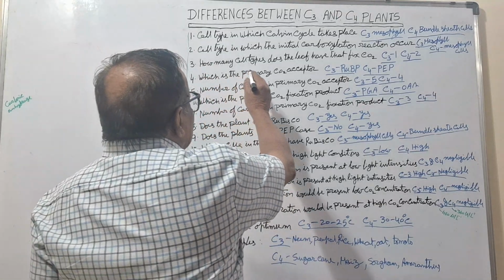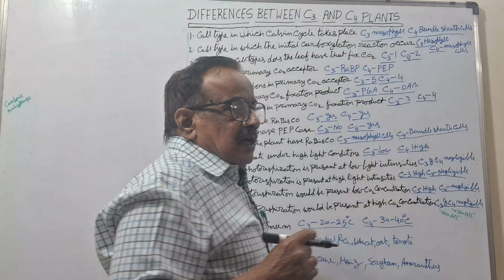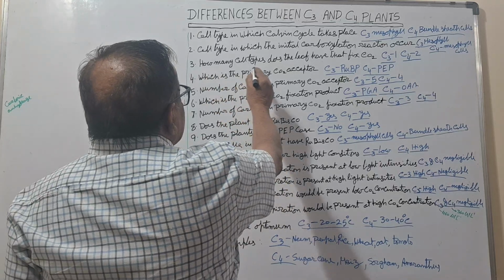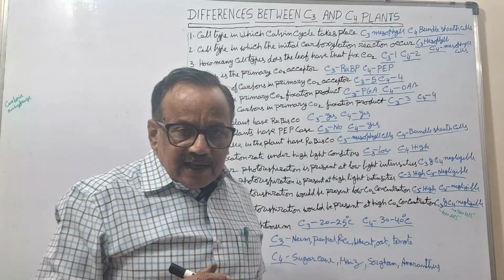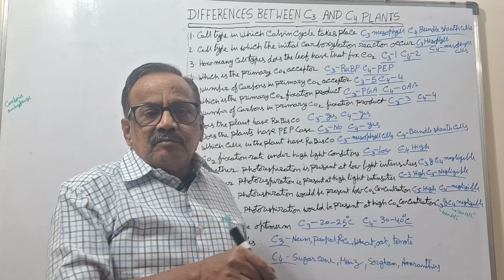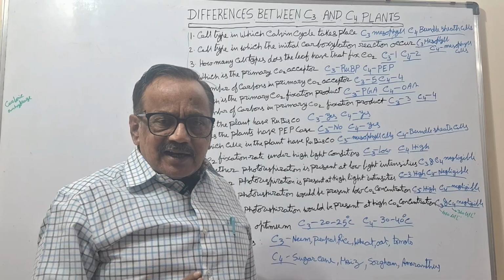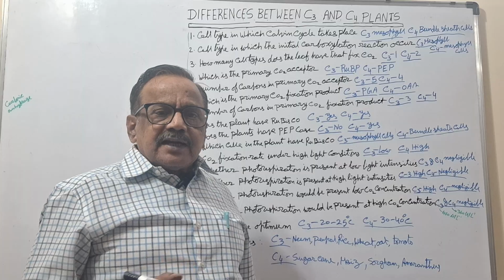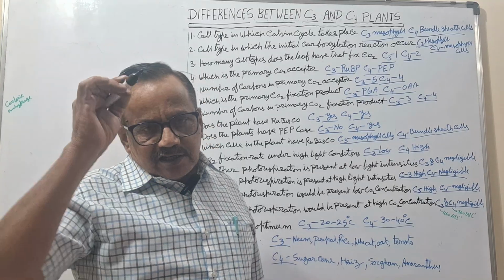Now, how many cell types does the leaf have that fix CO2? For carbon dioxide fixation, the leaf has only one type of cells in C3 plants, but two types of cells are present in C4 plants, that is, the mesophyll cells and bundle sheath cells.